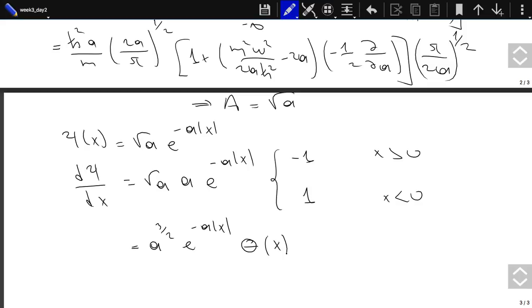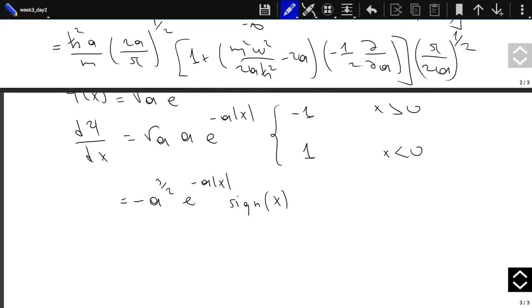That's a step function: it is 1 if x is greater than 0 and minus 1 if x is less than 0. This is the sign function. The theta function is 0 or 1.